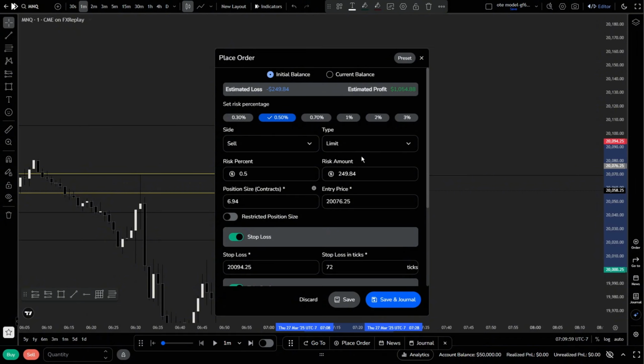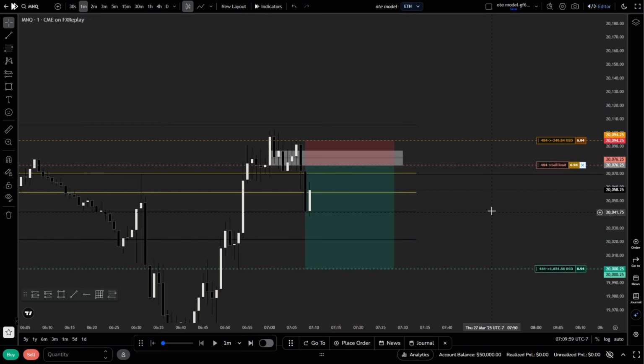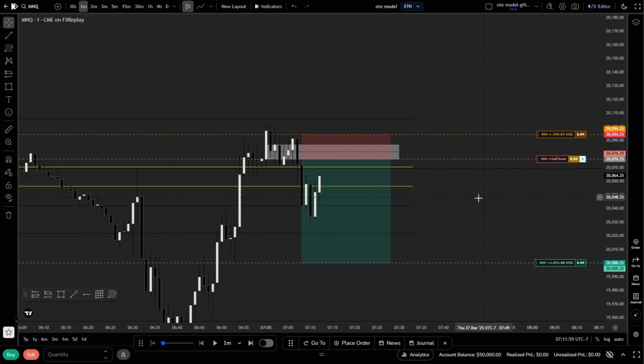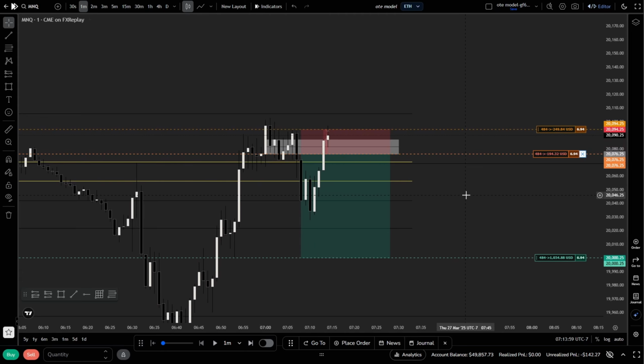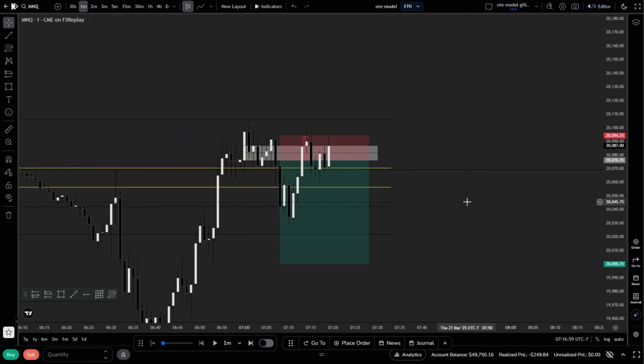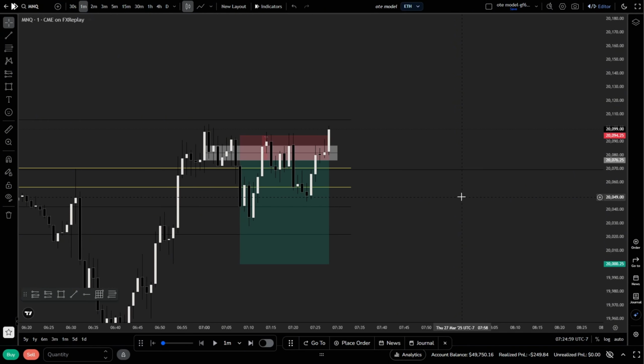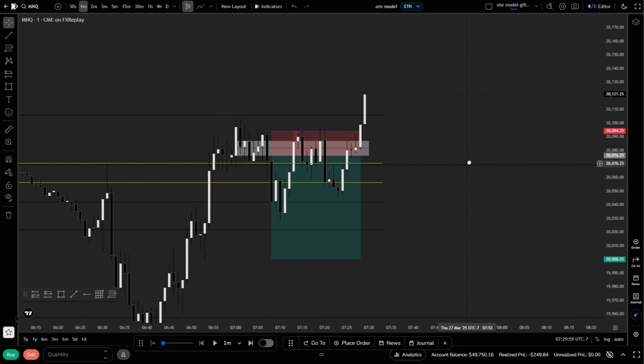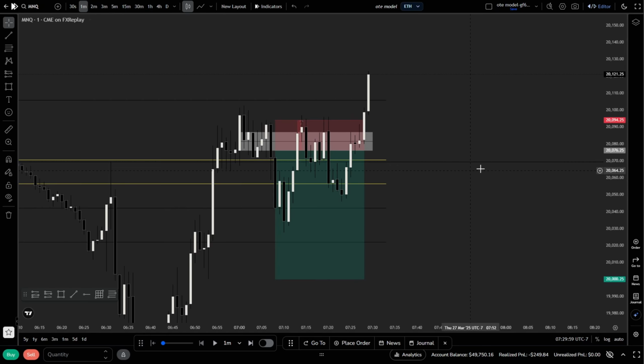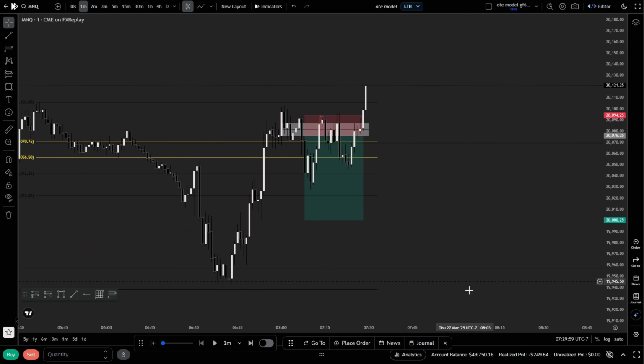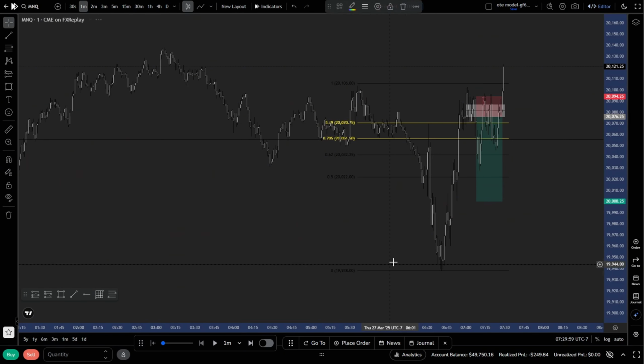You could do 0.5 of the account, whatever you risk. Let's see. Tap into it, and yeah, with OTE, you put the risk low and you try to target a higher RR, the first loss right there.